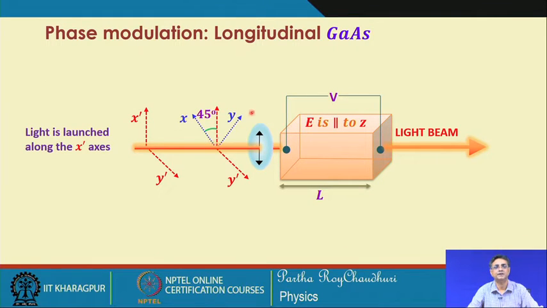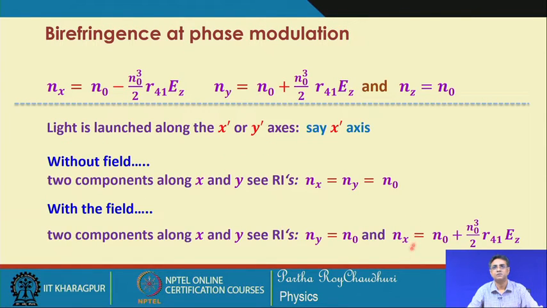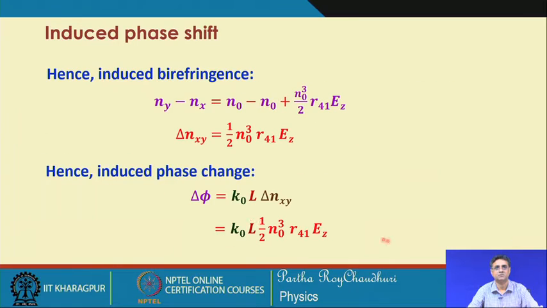So, along y axis you have n 0, whereas along x axis this is the new refractive index seen by the light, which has the component along the old x axis. So, this birefringence, n y minus n x, these are the two refractive indices. So, the birefringence along the new coordinates, that is x prime and y prime.